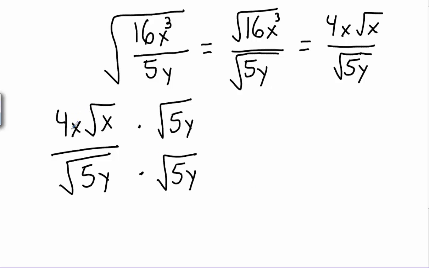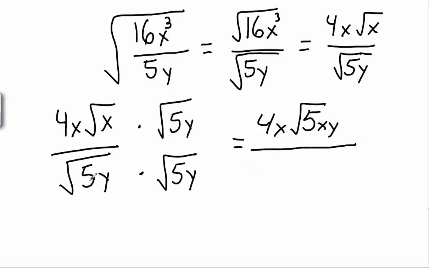Okay? So again, multiply outside by outside. So we get 4x on the outside. And then x times 5y is 5xy, all over radical 5y times radical 5y. I know you guys know the trick now, but I'll just do it anyways.